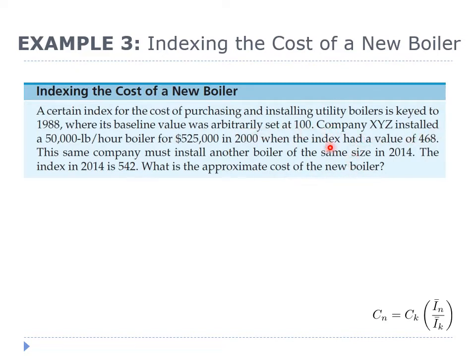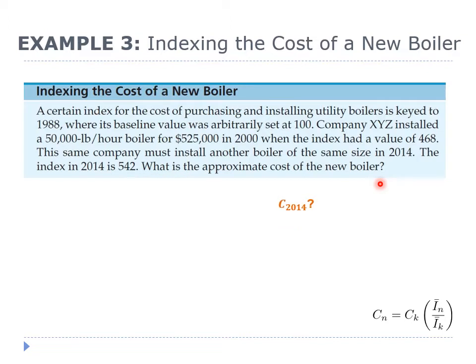Company XYZ installed a 50,000 pounds per hour boiler for $525,000 in year 2000, when the index had a value of 468. This same company must install another boiler of the same size in year 2014. The index in 2014 is 542. What is the approximate cost of the new boiler?